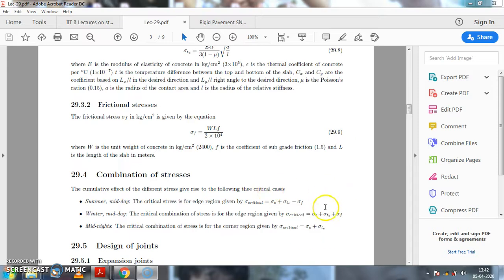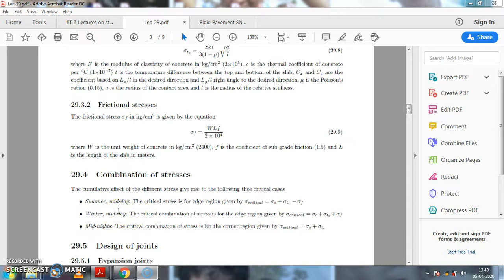So this is the critical combination for summer, and obviously at midday. Why have we taken midday? Because we get the maximum temperature at midday, rather than in the morning or in the evening.